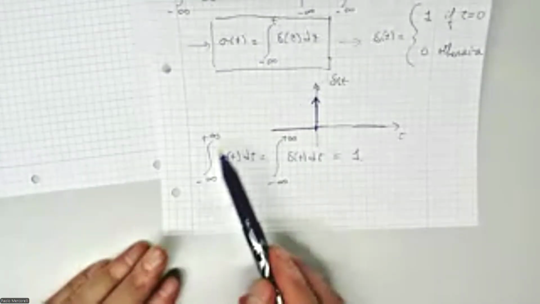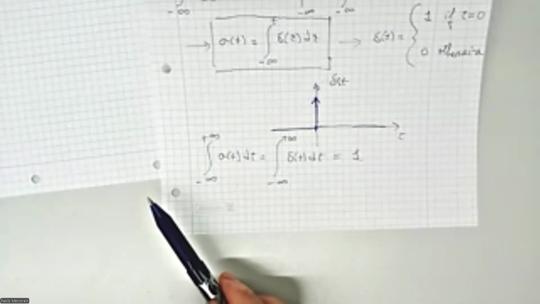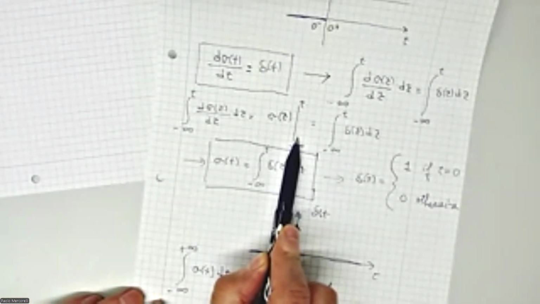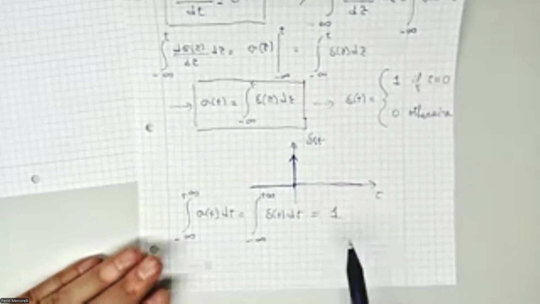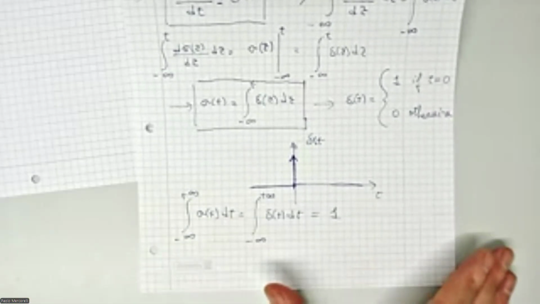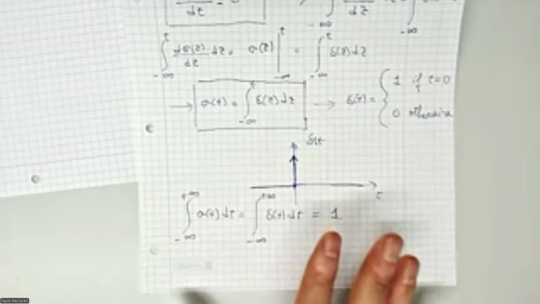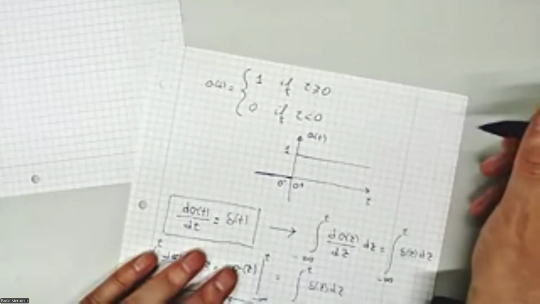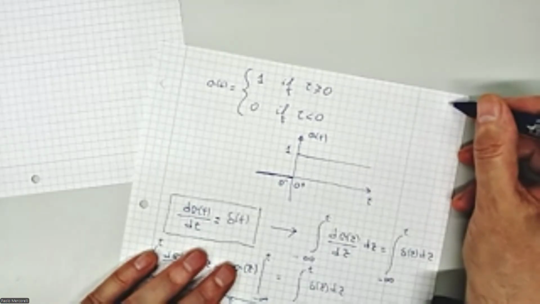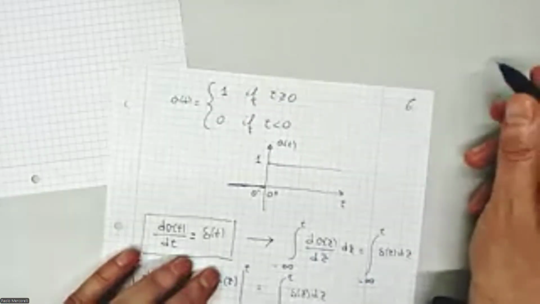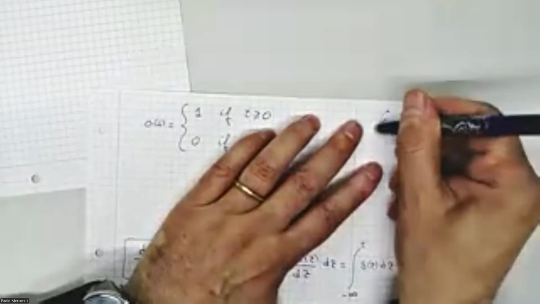Because if you calculate this integral between minus infinity and infinity, for the same reason, at minus infinity it is 0, at plus infinity it is 1. We will see now a little bit the meaning of this strange function. Let me enumerate. I will scan again and I will put all together. I think this is page number 6 today, or 4A.